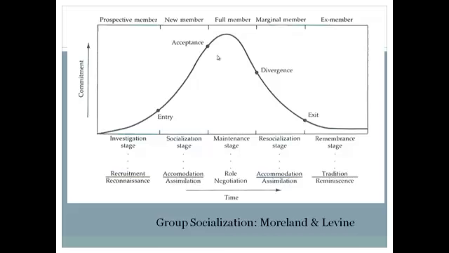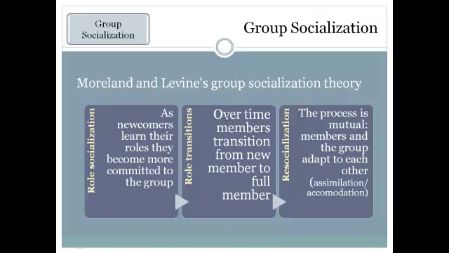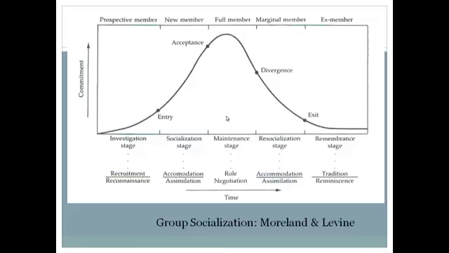It may not be anything formal like that, but you'll definitely have those circumstances. So now you're a full member, and you're just maintaining this role for the time being, playing that particular role, playing it well.